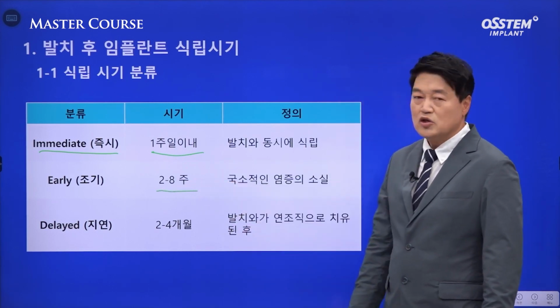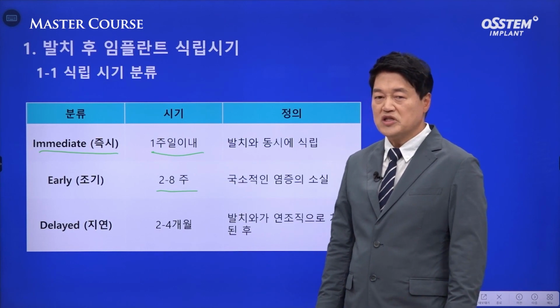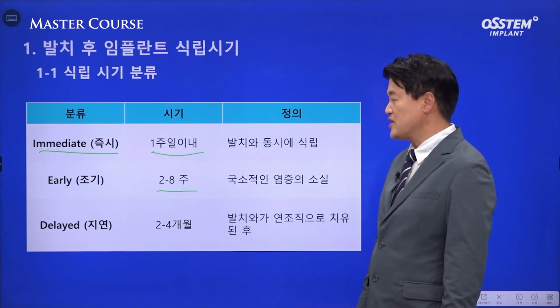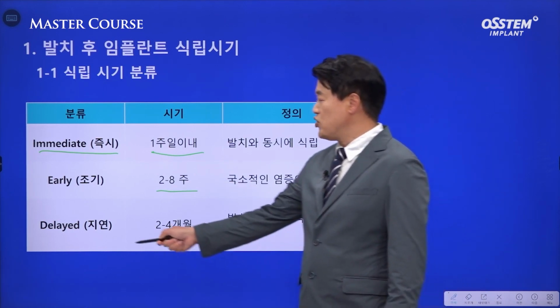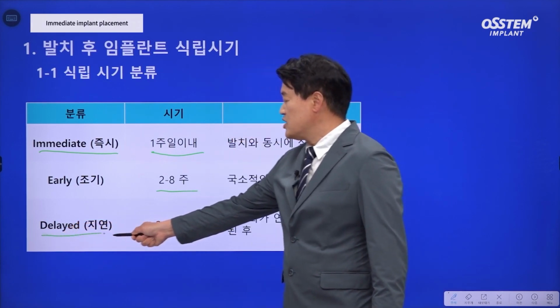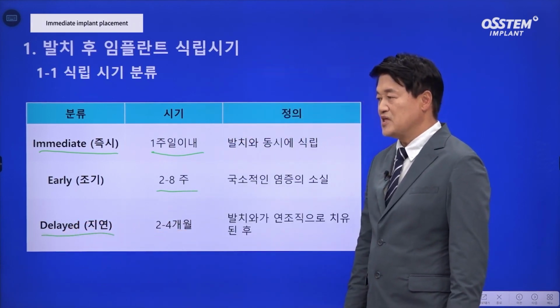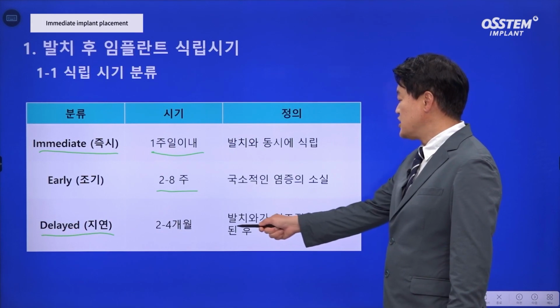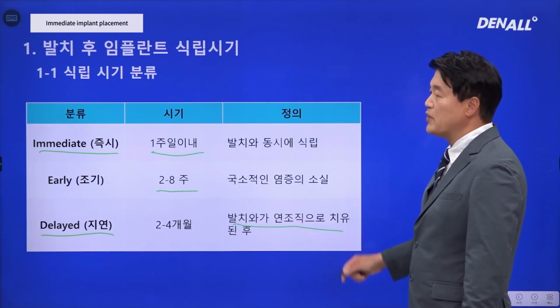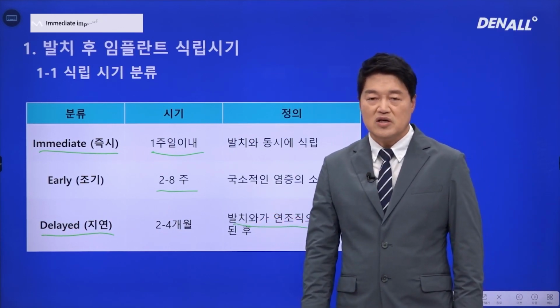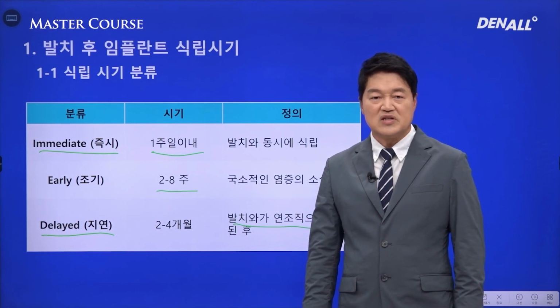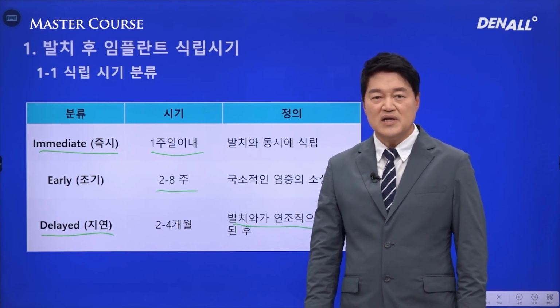This means that there's a localized inflammation in this case. Third is delayed placement, where implant is placed between 2 months and 4 months later. The extraction socket is healed with soft tissue and implant is placed with somewhat bone formation.